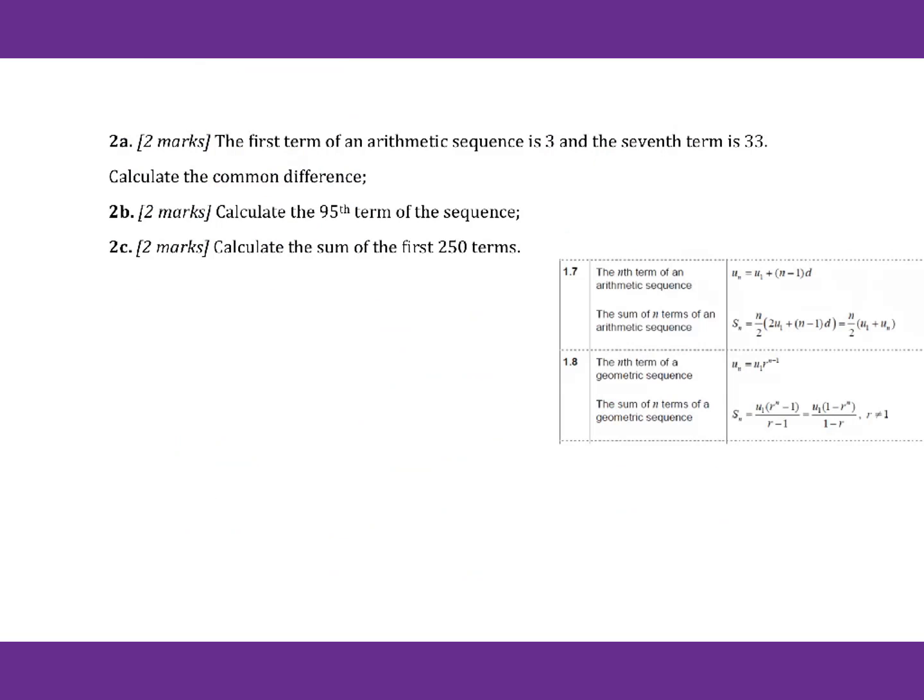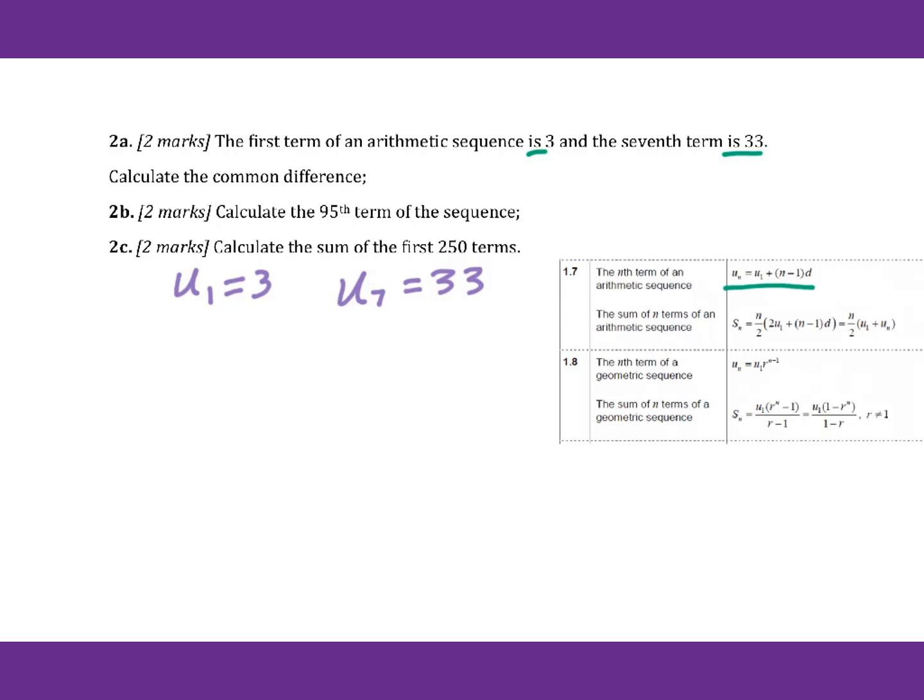Now let's go to number 2. The first term of an arithmetic sequence is 3, and the seventh term is 33. Calculate the common difference. First term, we can write U sub 1 equals 3. U sub 7 equals 33.